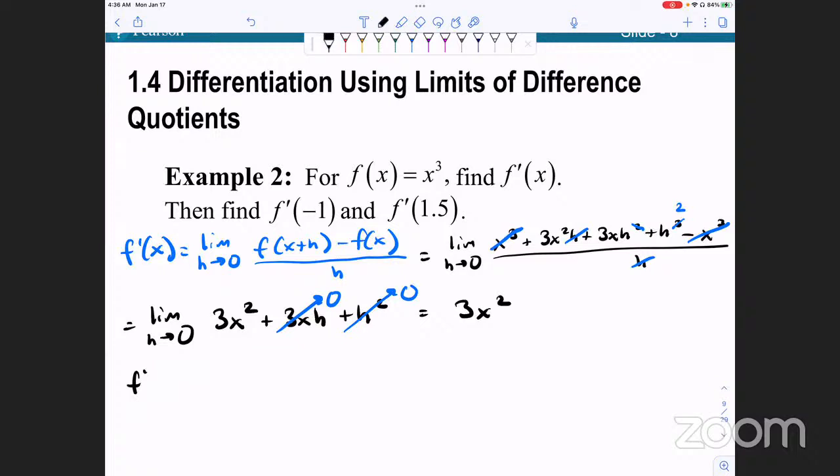To find f prime of -1, it's going to be 3 times -1 squared. And then we're asked to find f prime of 1.5.